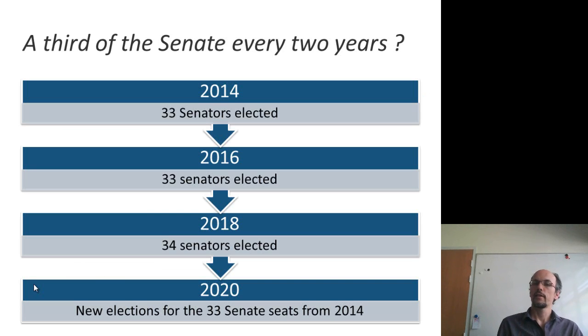So a third of the Senate is renewed every 2 years. 2014, 33 senators will be elected. 2016, 33 more senators will be elected. And 2018, 34 senators will be elected, which means that the Senate will have been entirely renewed between now and 2020.